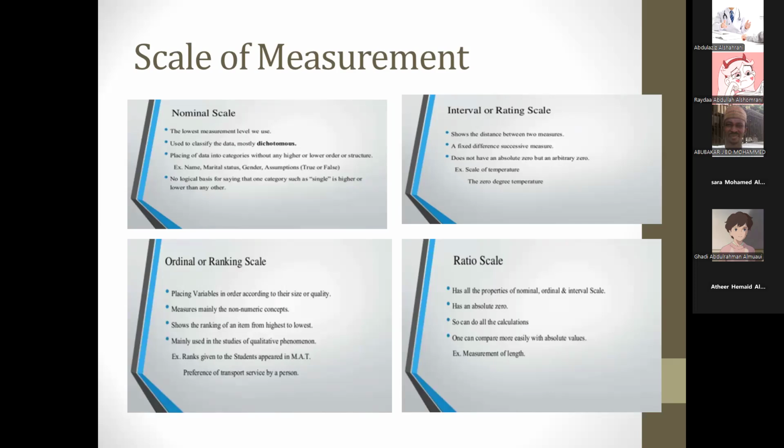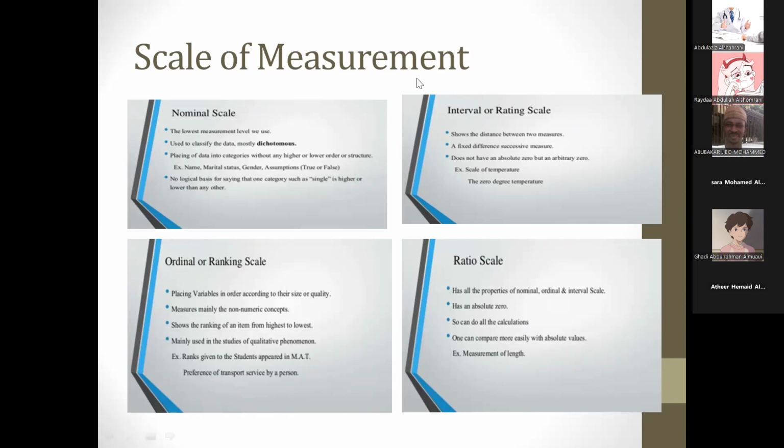The data is being ranked. This is more of a qualitative data, and usually depends on how you collect the data. It shows the ranking of an item from the highest to the lowest score, or from the lowest to the highest score, as the case may be, and is usually used to capture qualitative data.